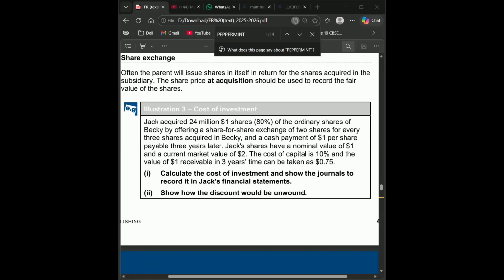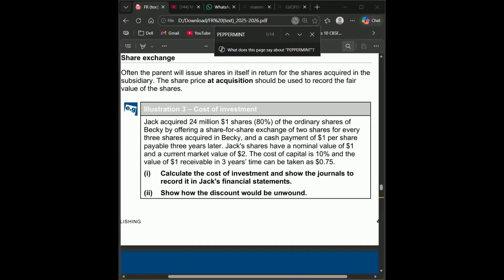Why is it a deferred consideration but not a contingent consideration? Exactly.